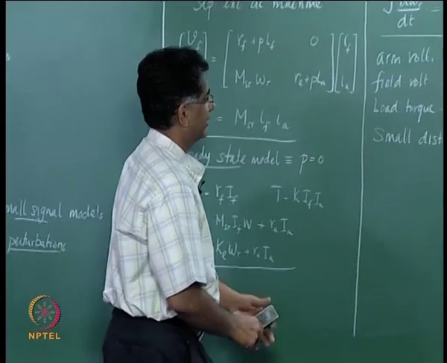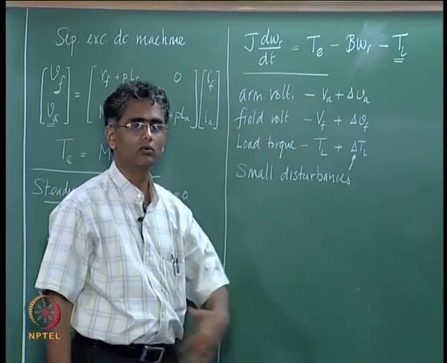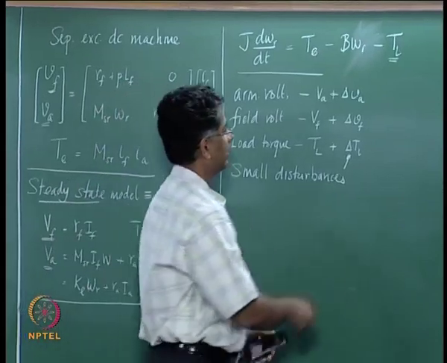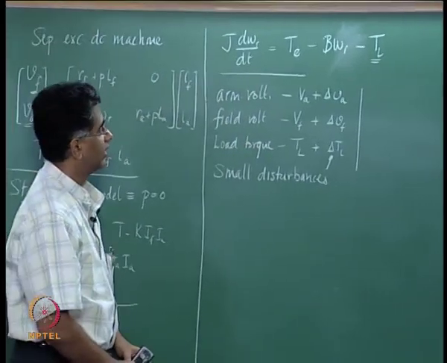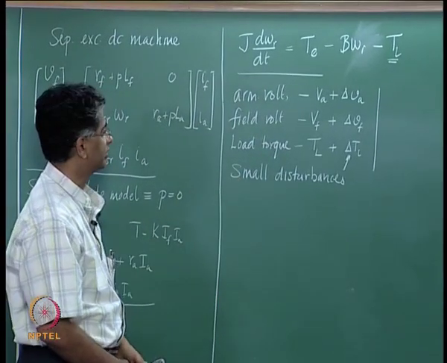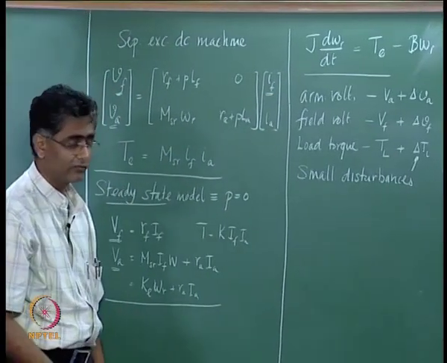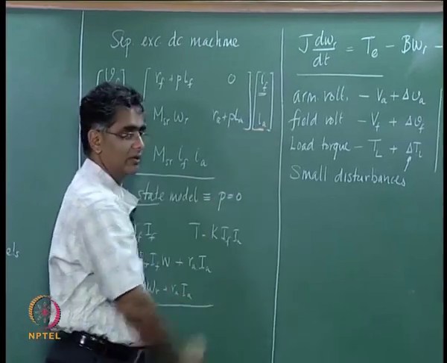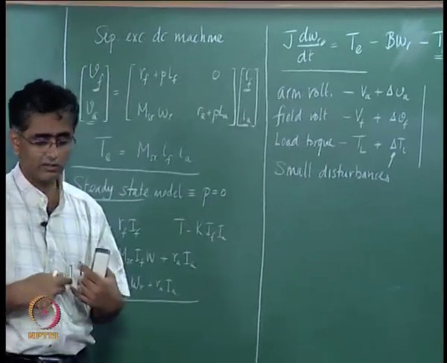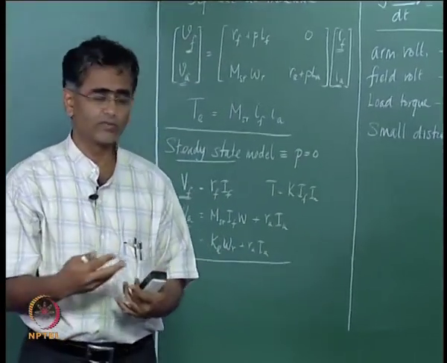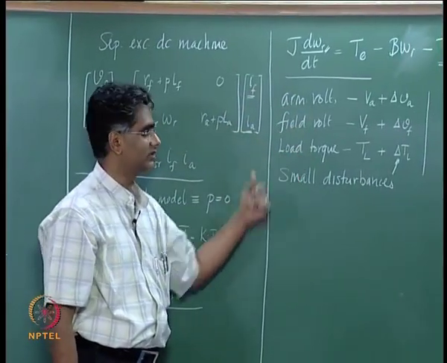If this is the case, in response to these small variations that you apply, the machine is going to respond. The response of the machine is observed as flow of If, some current in the field, some current in the armature, and the speed. These are the responses that the machine gives to the application of inputs at these three locations.